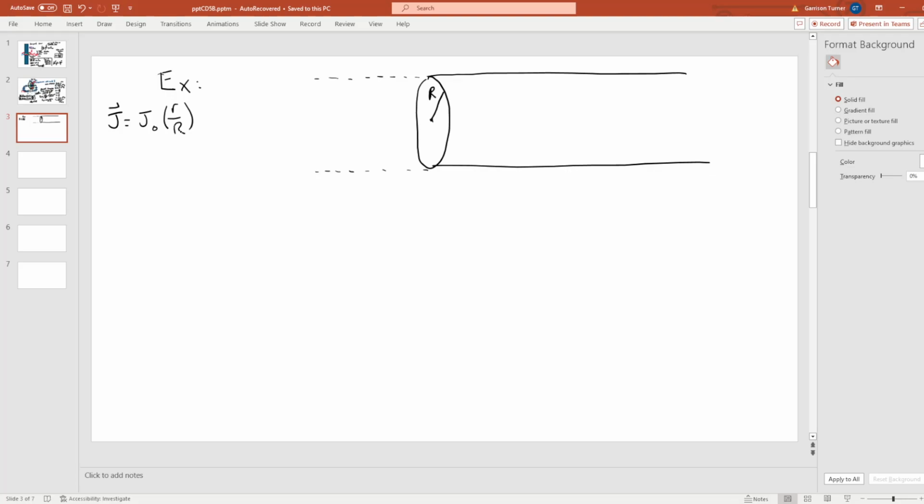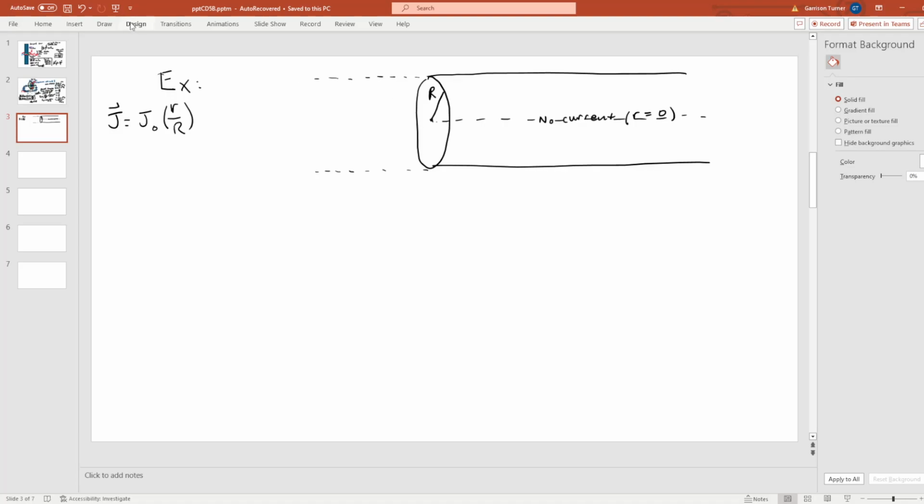So what that means is, what this current density would look like, if this is the central axis of the wire, then this lowercase r is my distance from the axis variable, and capital R is my fixed radius of the wire. Okay, so what that means is along the axis there's no current, because along the axis r is equal to 0.